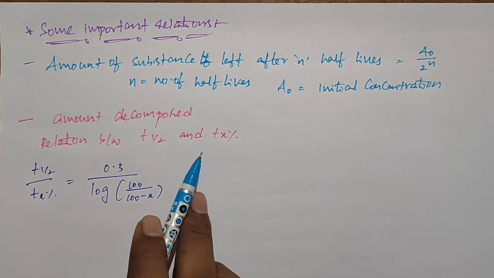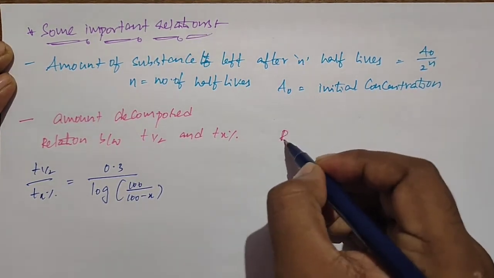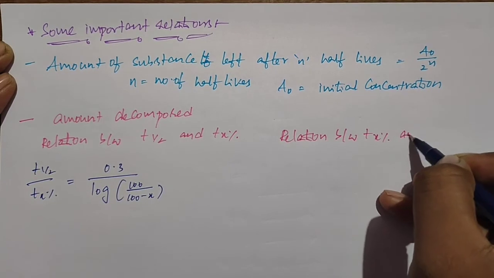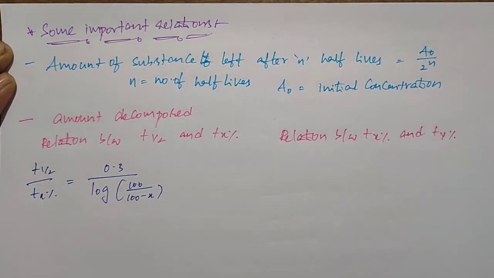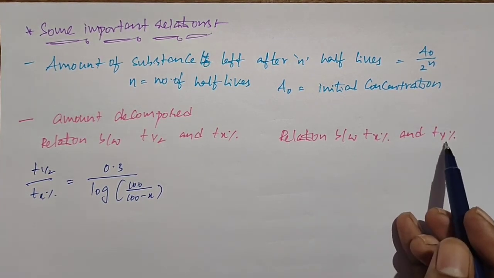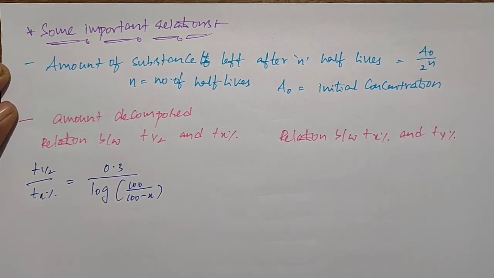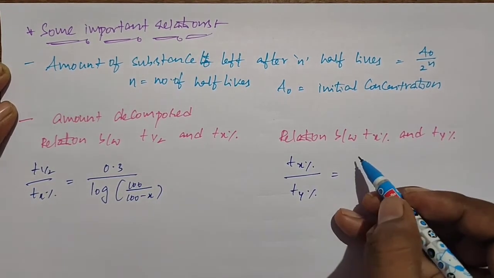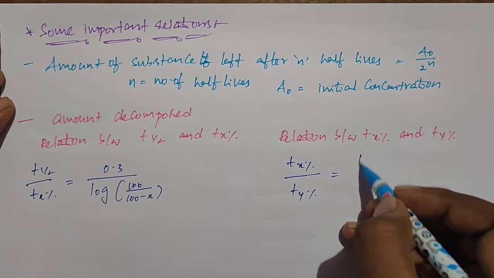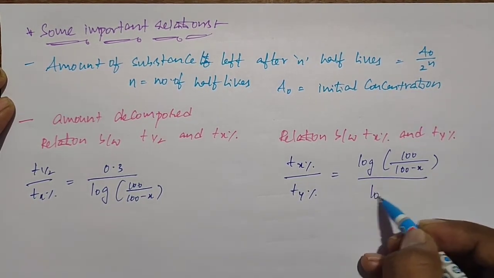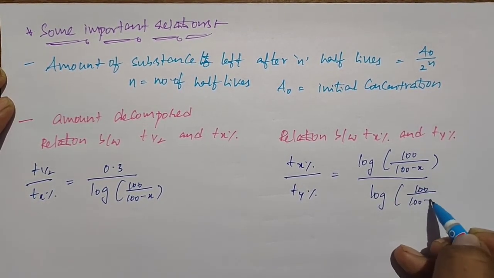If you are asked about the amount decomposed when two different percentages are given, the relation between Tx percentage and Ty percentage is needed. Suppose T90 is given and they ask about T70 percentage, in that situation we use this formula: Tx percentage by Ty percentage is equal to log of 100 by (100 minus x) divided by log of 100 by (100 minus y).